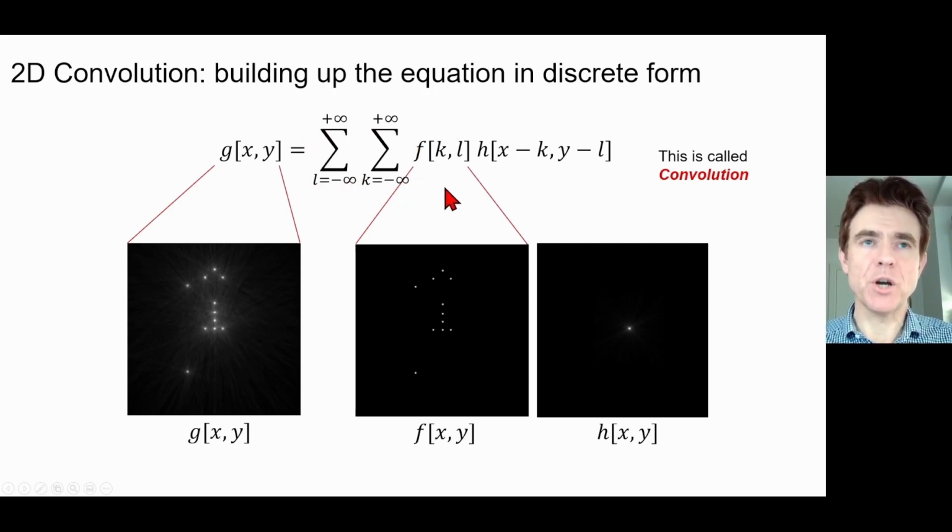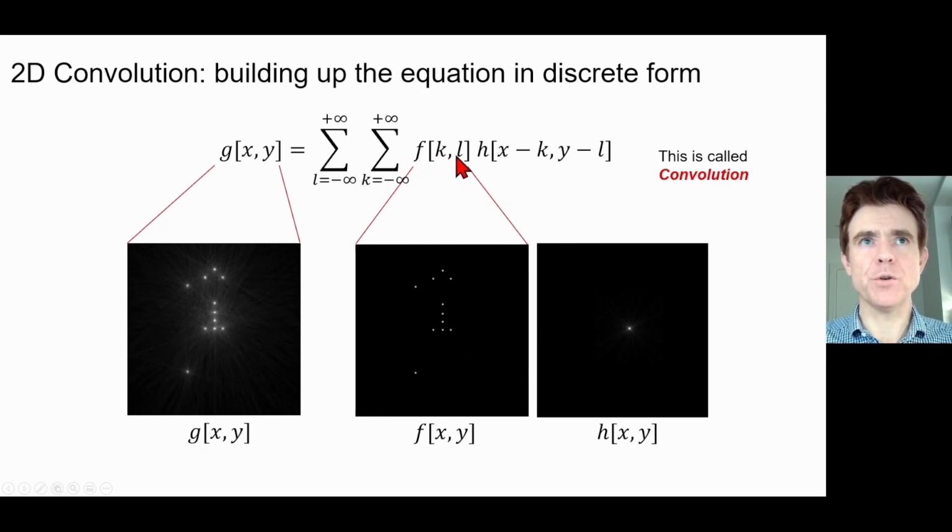by basically summing up all of the responses by visiting all of the locations k and l inside that true object. Okay, and that is all that is going on in convolution. So we can view this true object as some function f of xy, and then what we use is, if you like, indices of integration of summation k and l to just visit those xy positions.